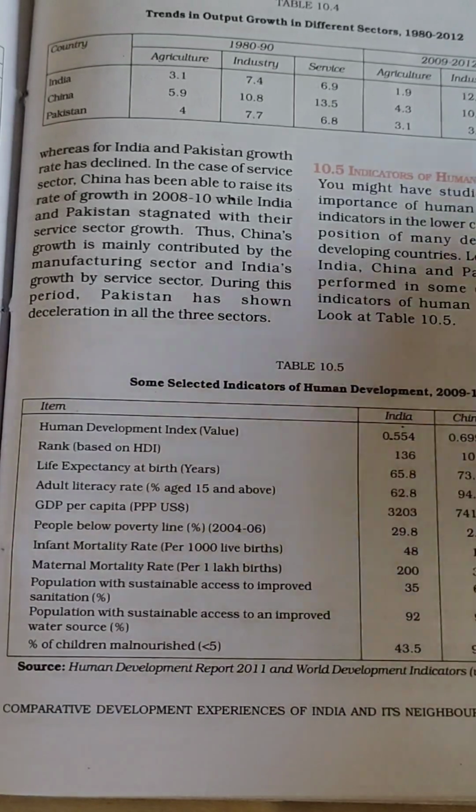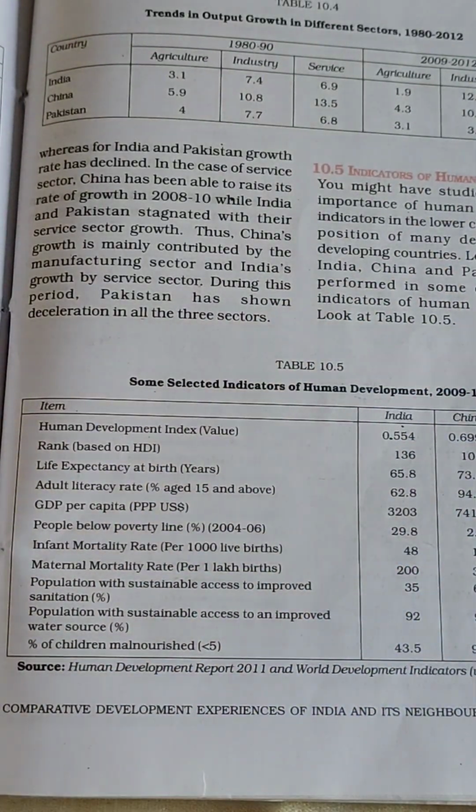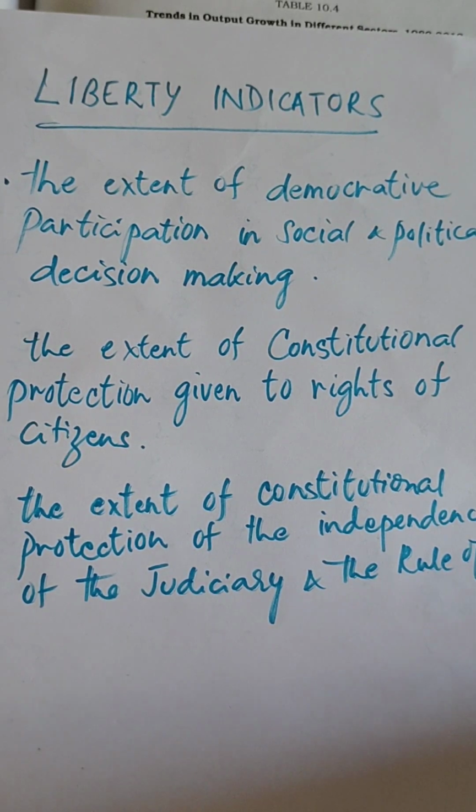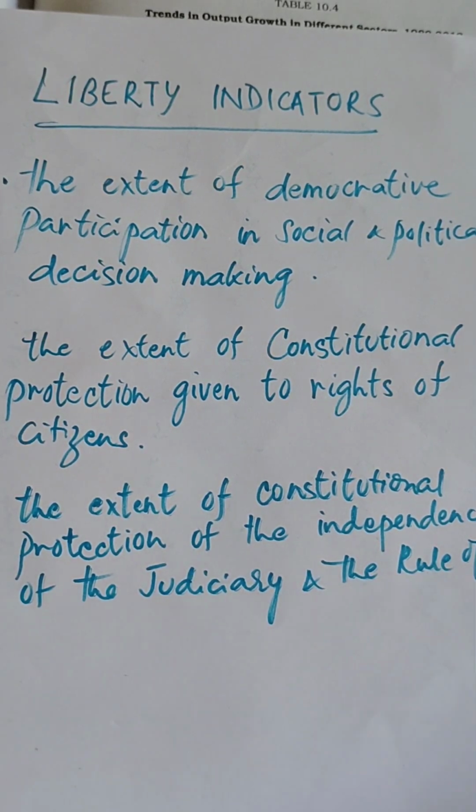Because if a country does not have these liberty indicators, such as democratic participation, social or political decision making, protection of the rights of citizens, or the independence of the judiciary and the rule of law, then the development of a nation really makes no inroads into the happiness of the people living there.